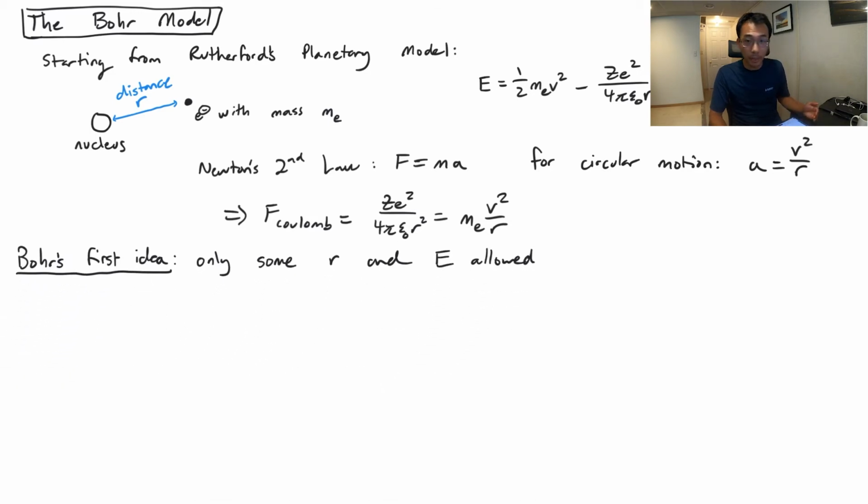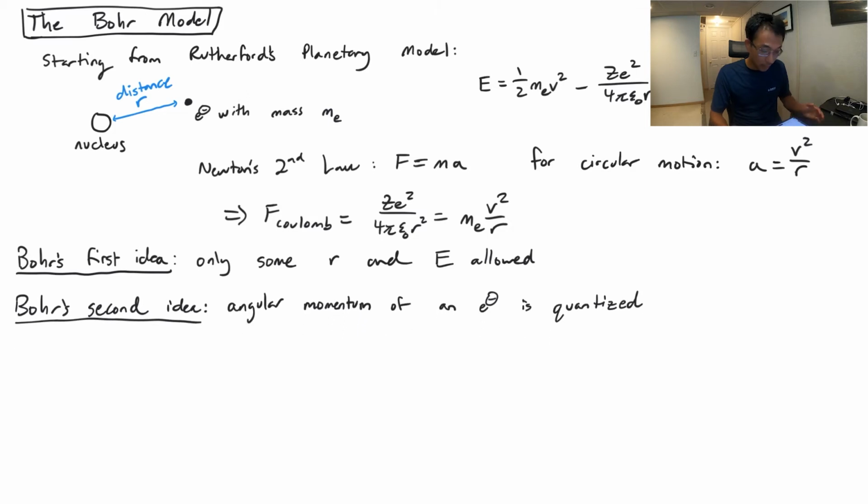Based on that, Bohr's main idea was that you can have these equations, that's great, but not all values of r or energy E are allowed. Only some of those values are allowed, this quantization idea, right? Bohr's second idea was a step further: in addition to the values of r and E being quantized, the angular momentum of the electron is also quantized.